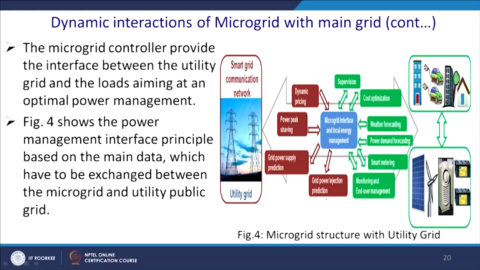These all come into one package when it is the interaction with the main grid that matters. So, the microgrid controller provides the interface between the utility grid and the load, aiming at optimal power flow management. So, this is the figure that describes that.